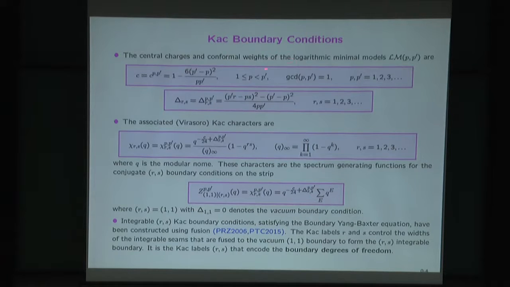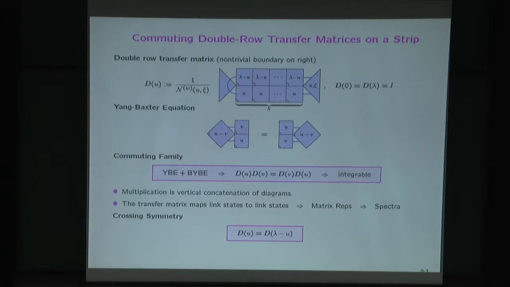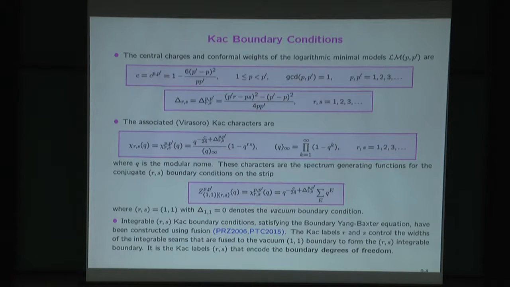The associated Kac characters to these conformal weights are given by these expressions. Here this is essentially the Dedekind eta function, and q is the modular nome. The way to think about these characters is that they're just the spectrum generating function for the conjugate (r,s) boundary conditions when you're on the strip, and you have the simple boundary condition on the left, as shown here, and an (r,s) type boundary condition on the right.